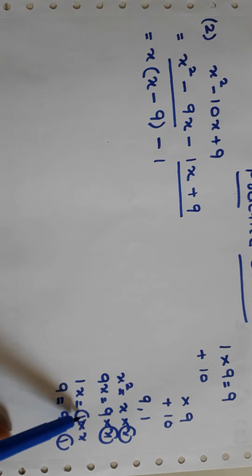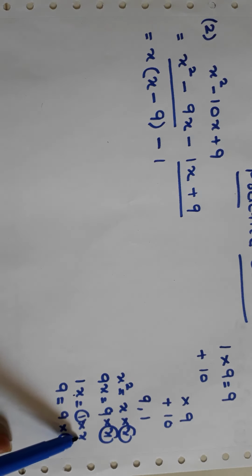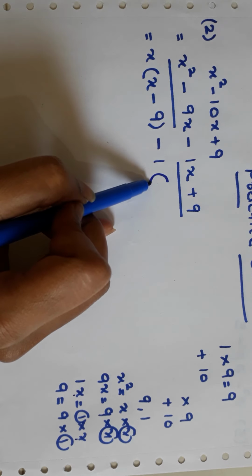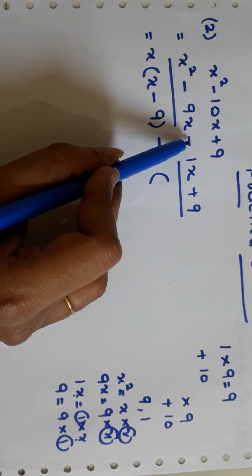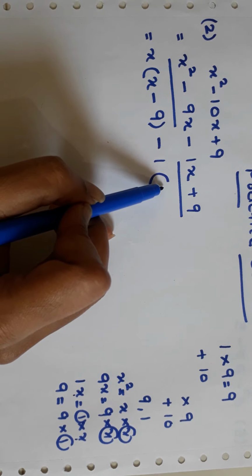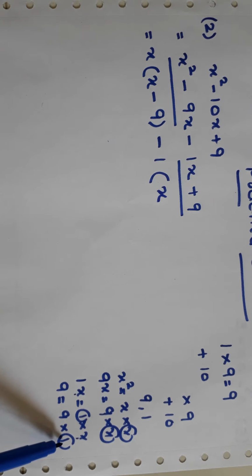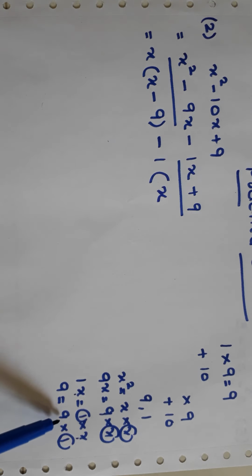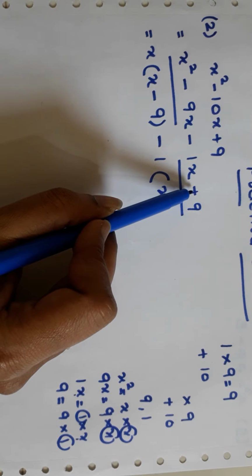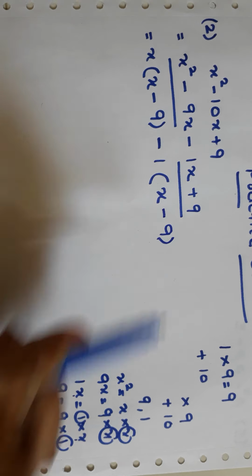So when you take 1 outside common in the term 1x, x is left. So put a bracket, but here the sign is minus, but since you have taken minus outside, the sign will change, so it will be x. Now when you take 1 outside from the term 9, the term which is left is 9, but since here it is plus 9, we write minus 9. The sign will change.